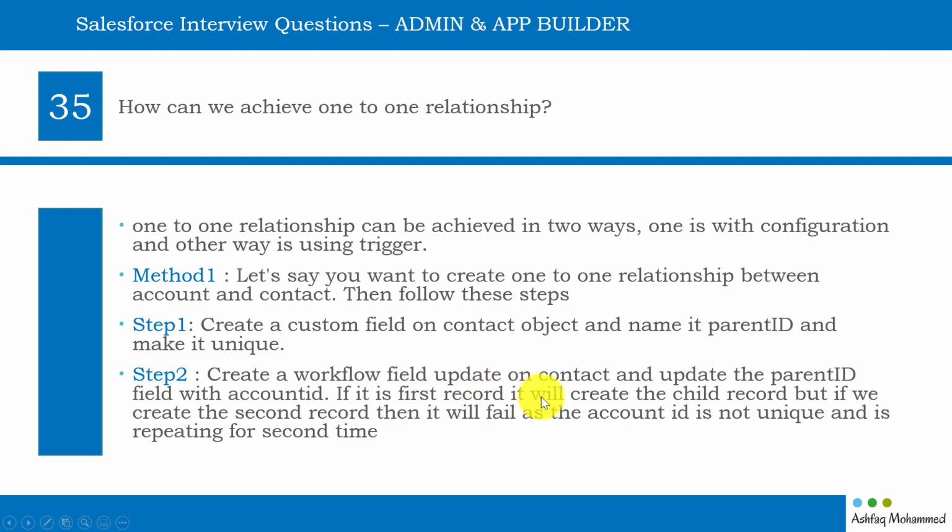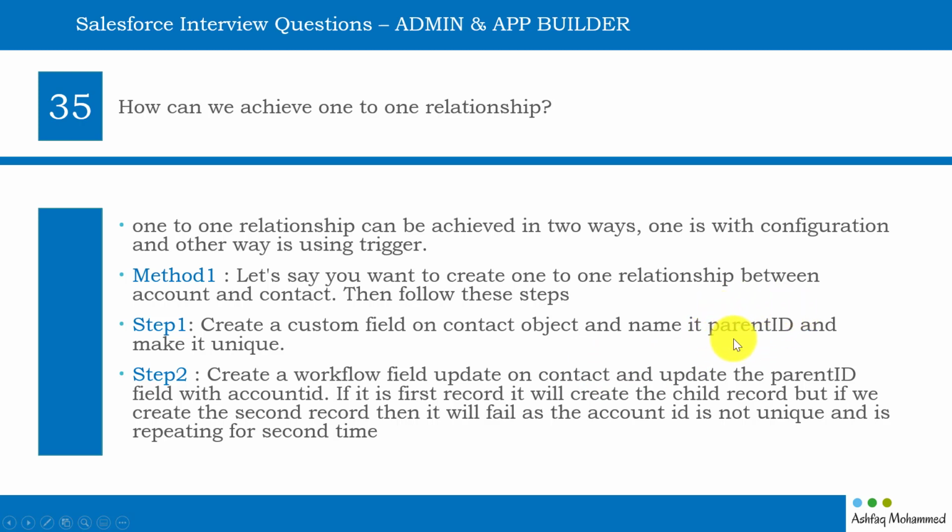The first record will create the child record, but when you create the second record, it will fail, as the account ID is unique and is repeating for the second time. When you create the first record, the ID of the account is stored in the parent ID of the contact. Now I'm trying to create another record for the same parent, but I have marked this as unique.